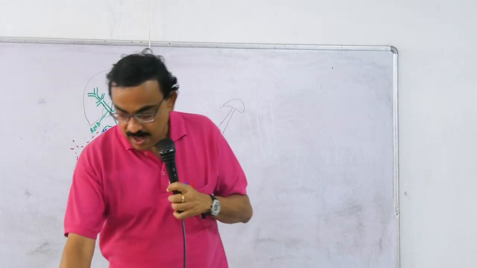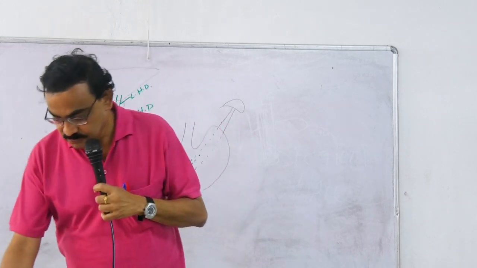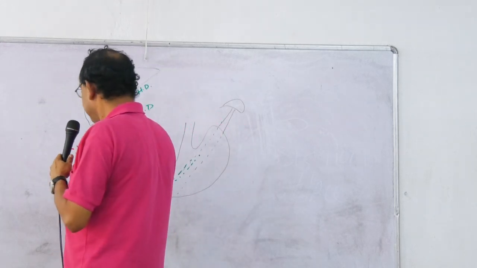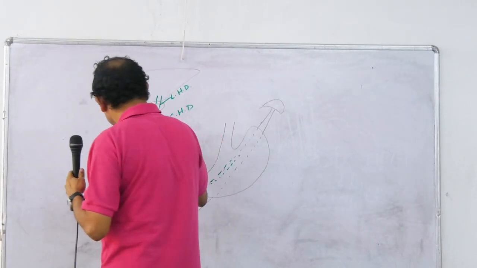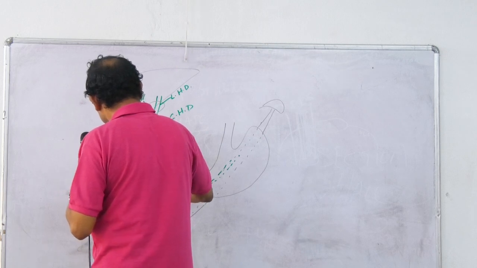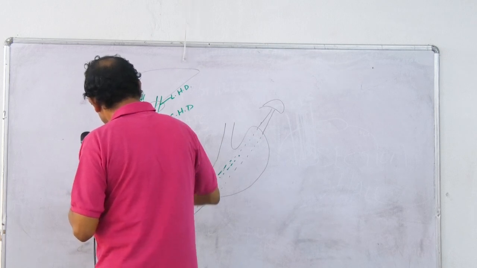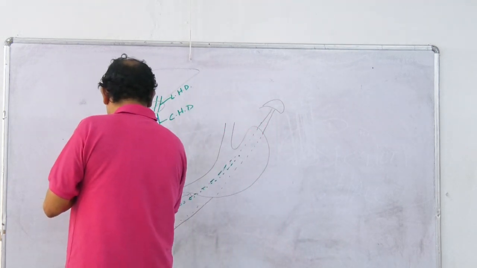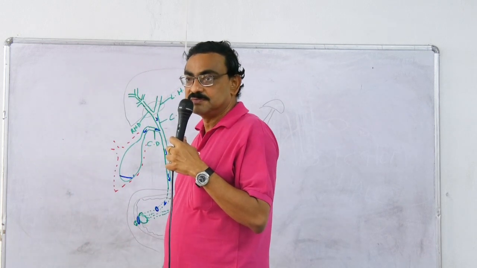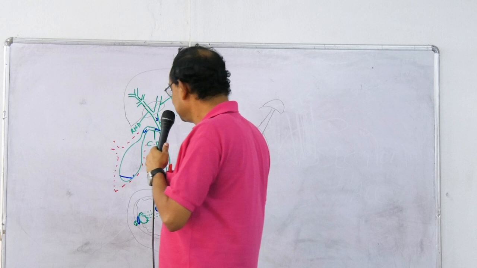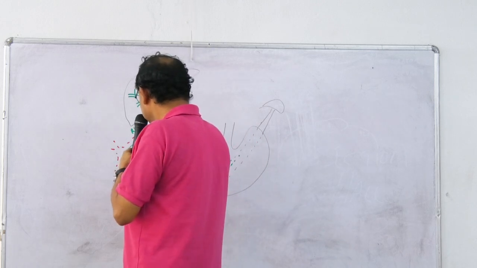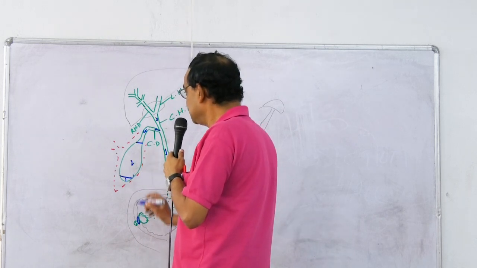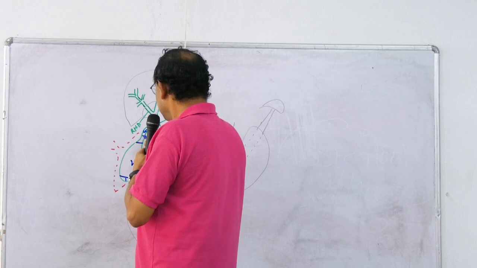Now, how many parts can we see within the gallbladder? Part 1, I am dividing. Part 1, Part 2, this is Part 3.